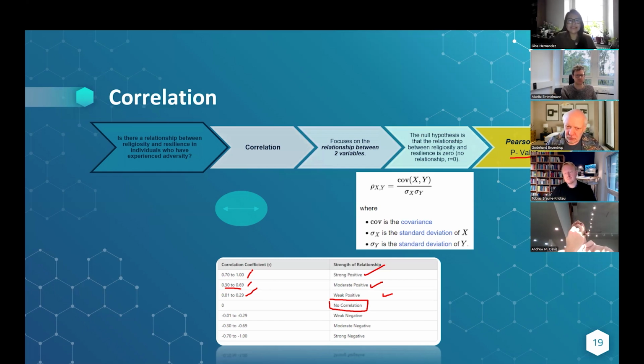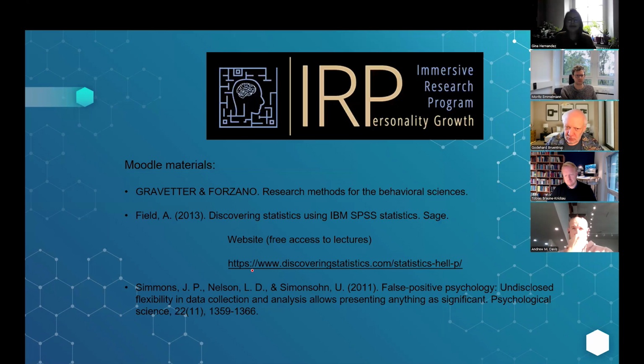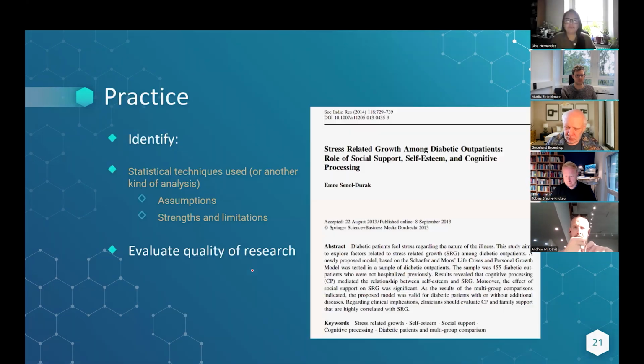Now, let's go to our paper for today. This is the paper that we were reading, stress-related growth among diabetic outpatients, the role of social support, self-esteem, and cognitive processing.